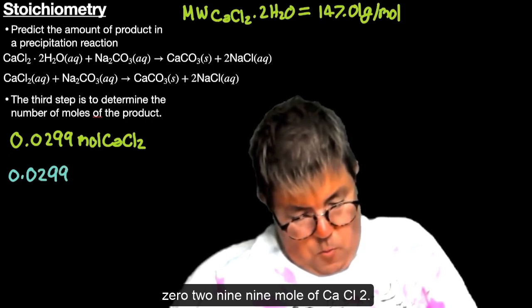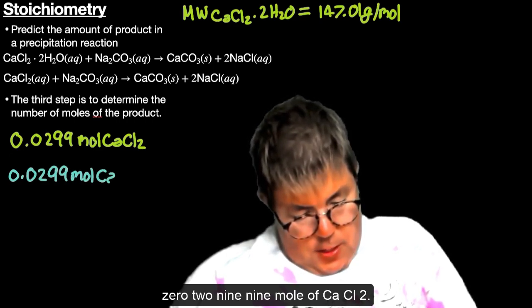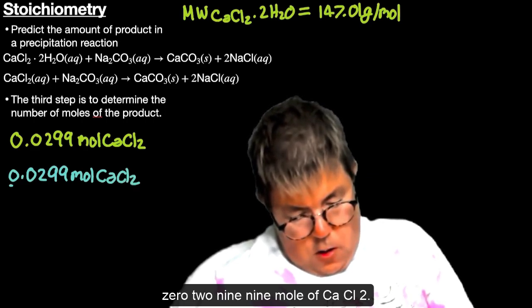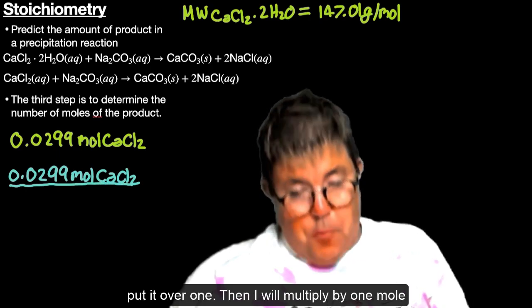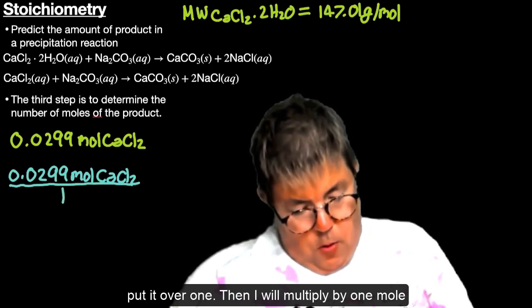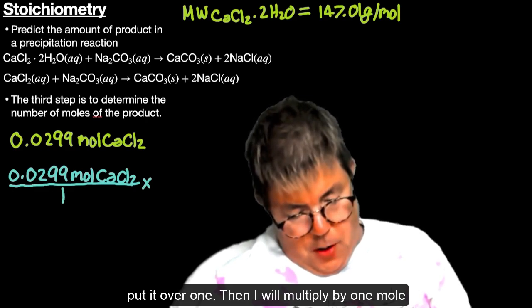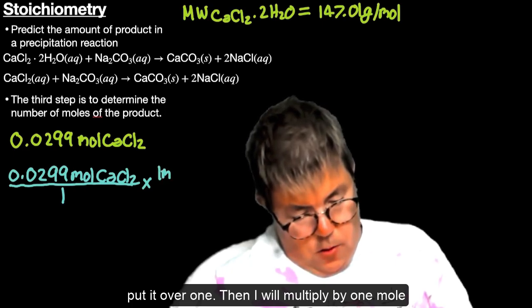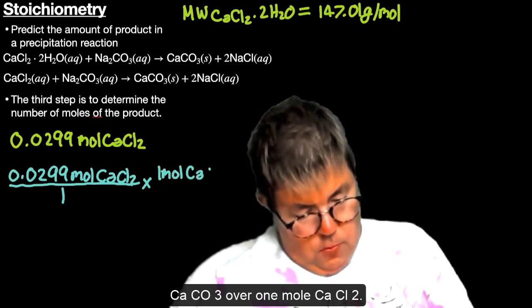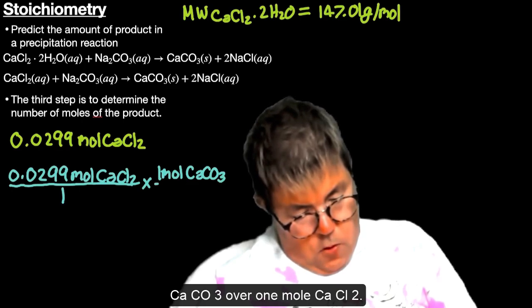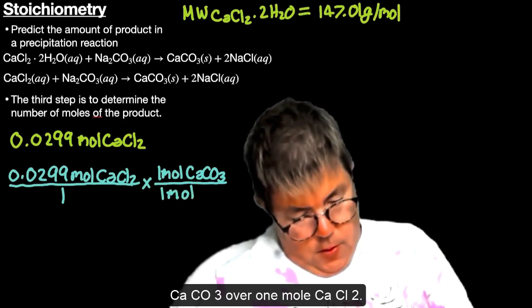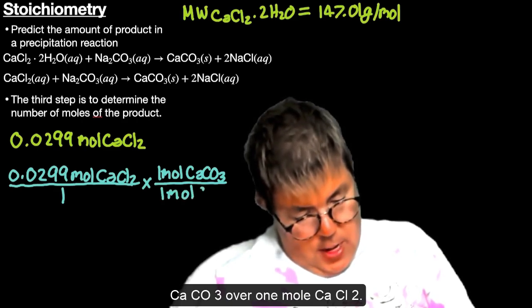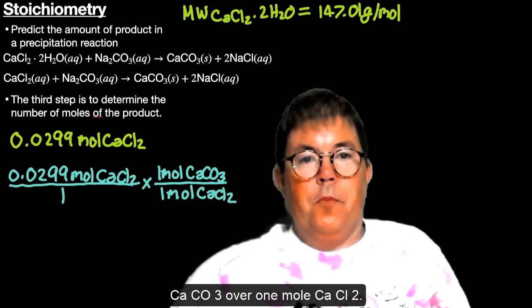0.0299 mole of CaCl2. To remind us, this value is in the numerator. I'll put it over 1. Then I will multiply by 1 mole CaCO3 over 1 mole of CaCl2.